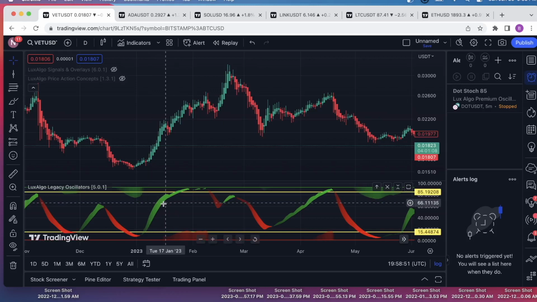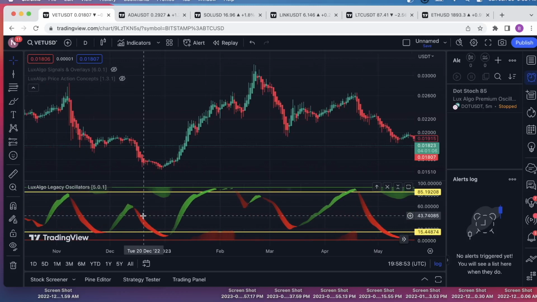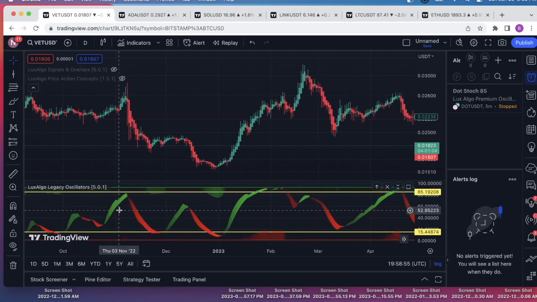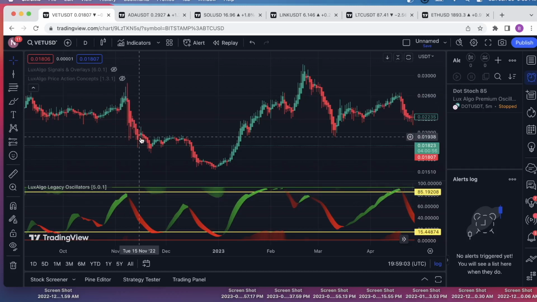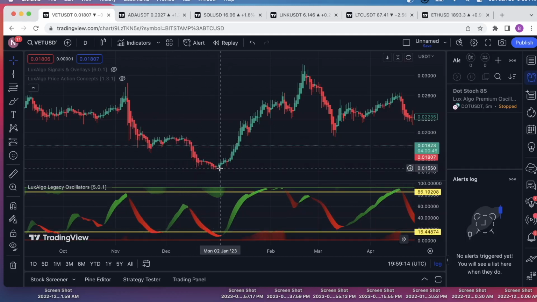But what I like to look for is, for example, see here, we came up near the 85 level, and then when we switched red, the price dumped, right? All the way down here, we came back up. We got a little bit of a boost, but then we switched red again, and then this followed.